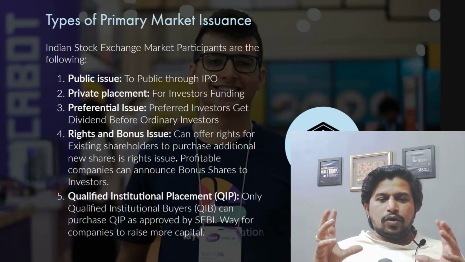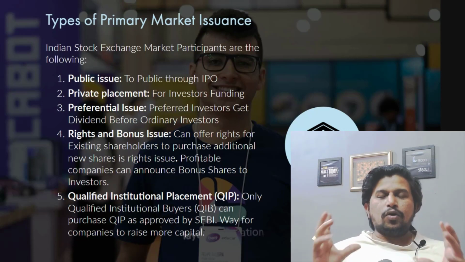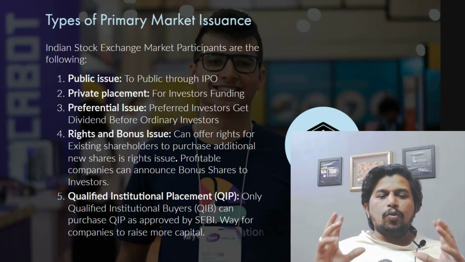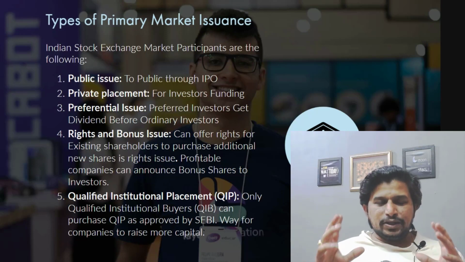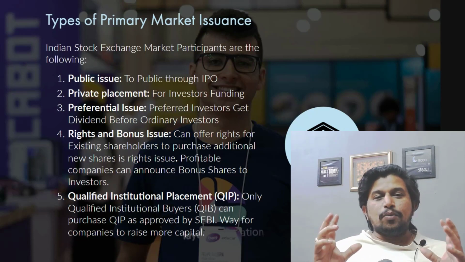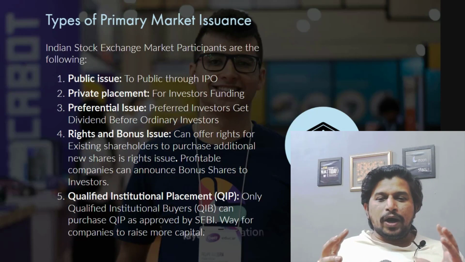SEBI has a list of QIBs who can invest in QIPs to raise capital for the company. A way for companies to raise more capital is by QIBs participating in the buying of QIPs.